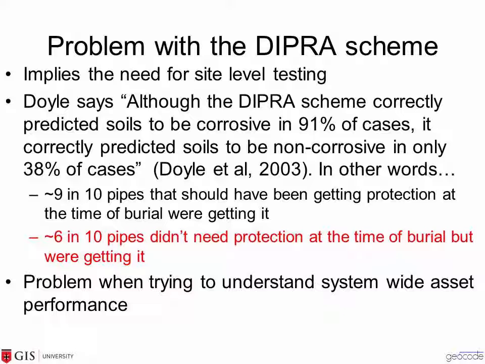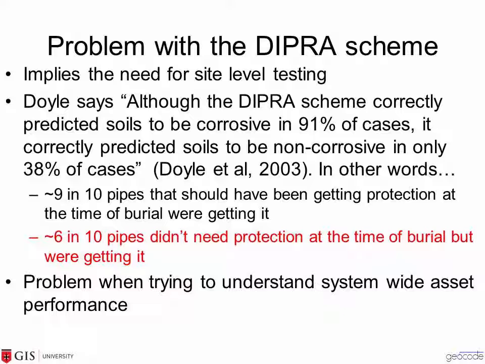So in other words, around 9 in 10 pipes that should have been getting protection at the time of burial were getting it. But in contrast, around 6 in 10 pipes that didn't need protection at the time of burial were still getting it. Okay, so I think that Doyle's work shows that an asset manager's suspicion that an asset needs protection might actually be just as effective as applying the DIPRA test.